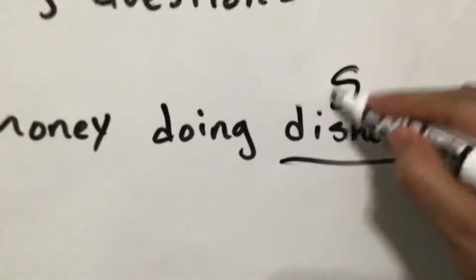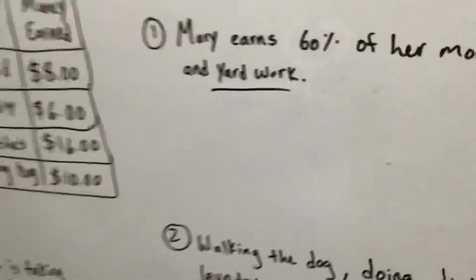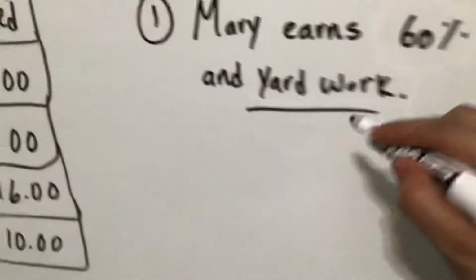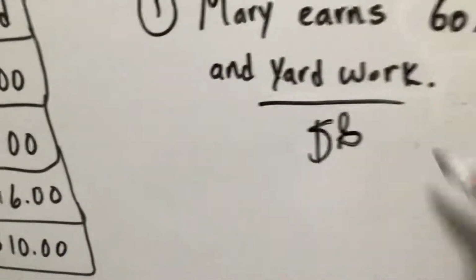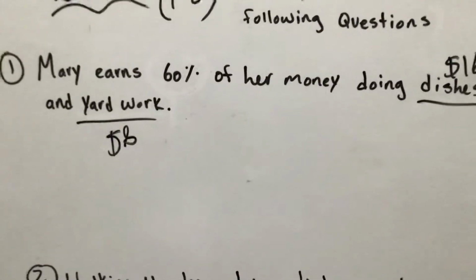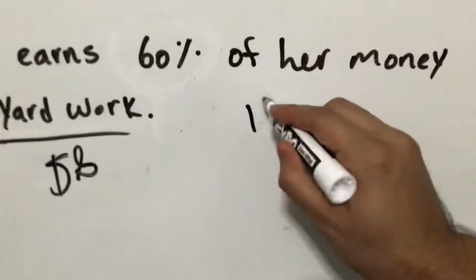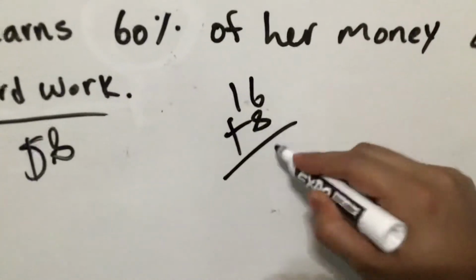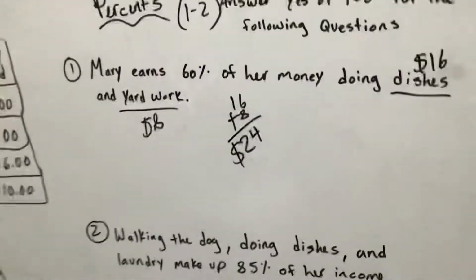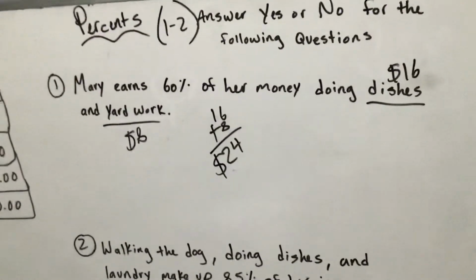So dishes, we're gonna write $16, and yard work represents $8. So those two, 16 and 8, we need to combine. So 16 plus 8, and that's $24. So those $24 represent 60% of her money.